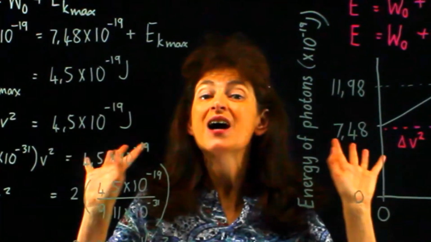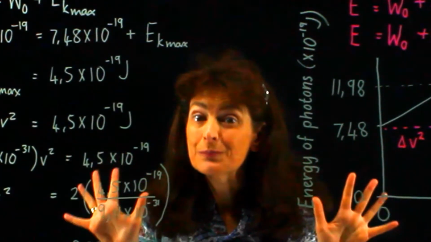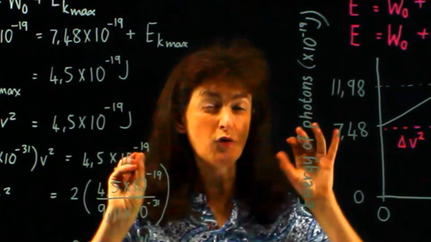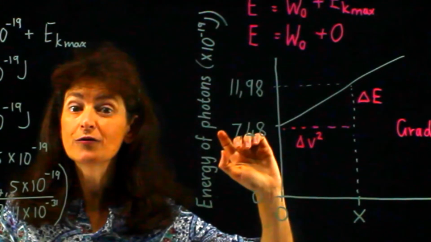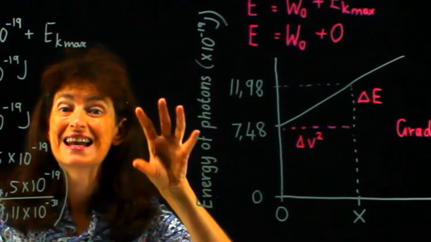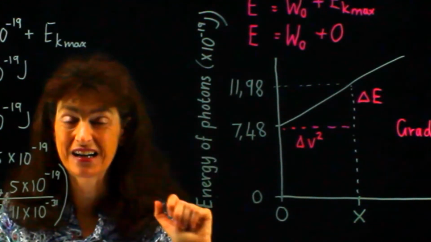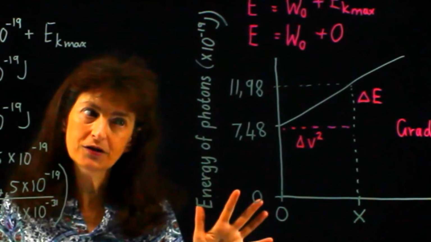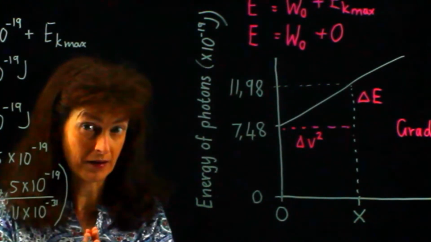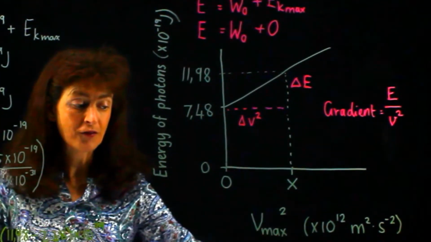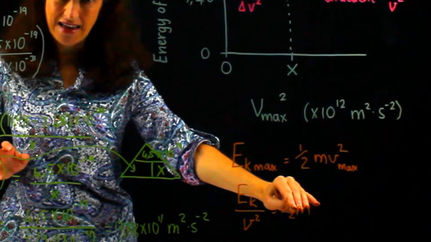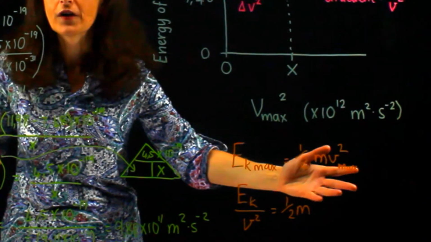Last question. We're asked, what would the difference be if we use a brighter light? How would that affect the gradient of the graph? And how would that affect the rate at which electrons are emitted by the light? Well, the first question is actually very easy if we've realized that the gradient of the graph tells us something about the mass of an electron.